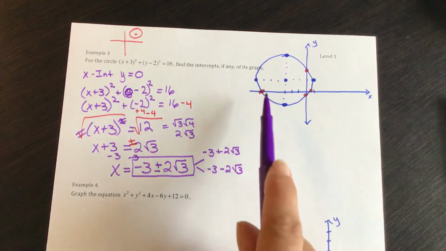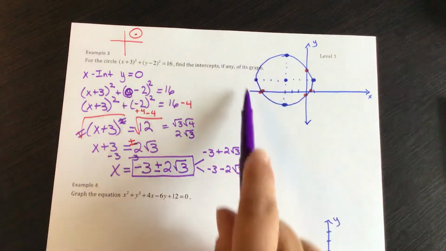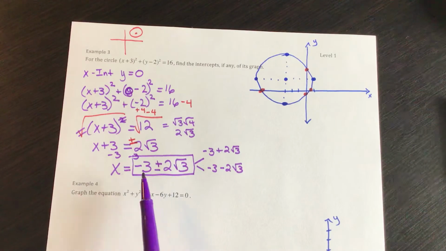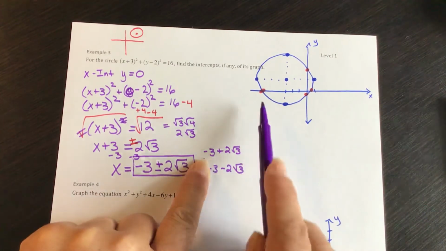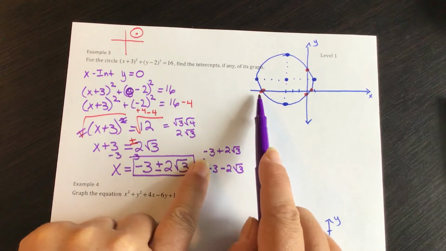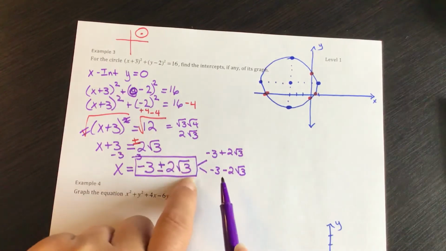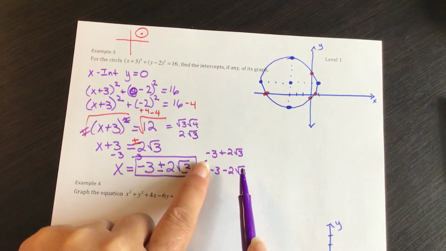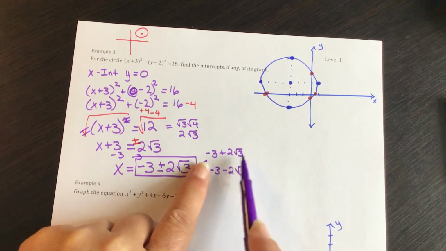Okay. Now, if I were to find these on my graph, these are x-intercepts. So this point right here would be negative, whoops. And sometimes it helps us to get an estimated value of what this might be.